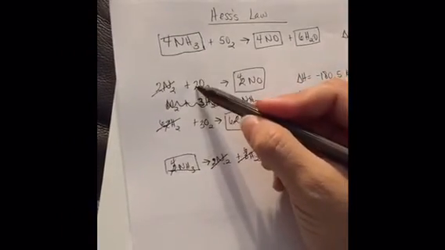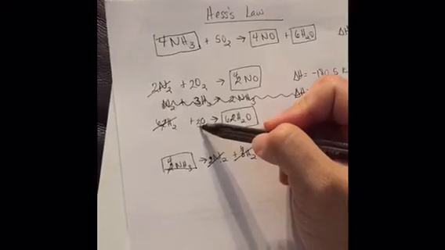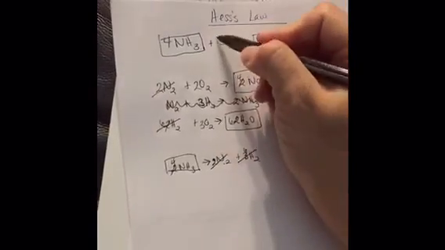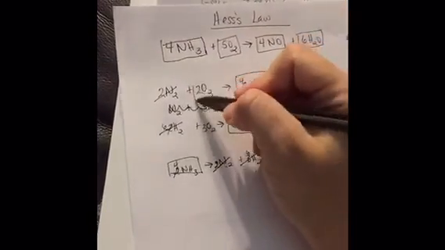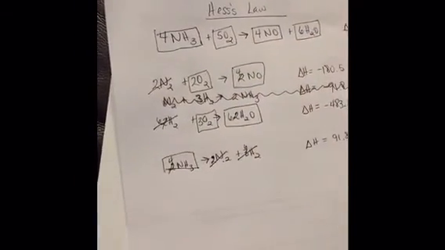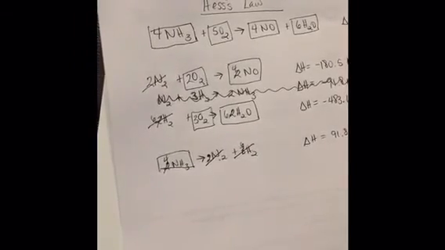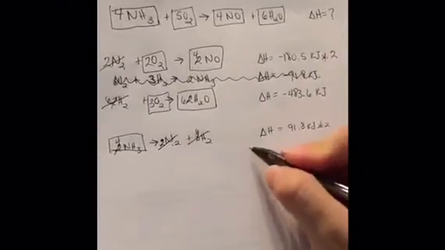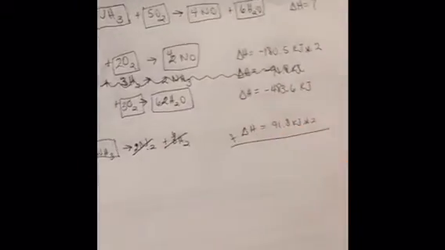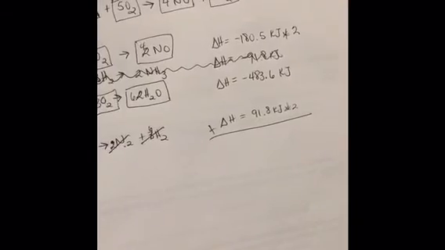I needed 5 oxygens. Well, 2 plus 3 is going to give me 5 oxygens, which is what I needed. So let's go ahead and box those in. Now look, everything's either boxed in or canceled out. So therefore, you know you have the same amount of everything that you need, and it's on the proper sides of the arrow. So now I can go ahead and just add up this delta H, and it would tell me what my final product is.